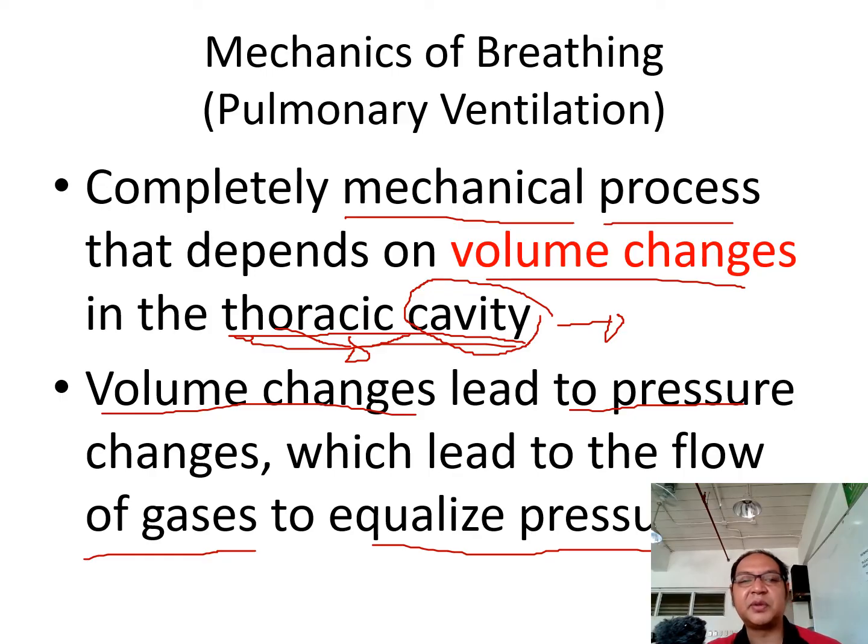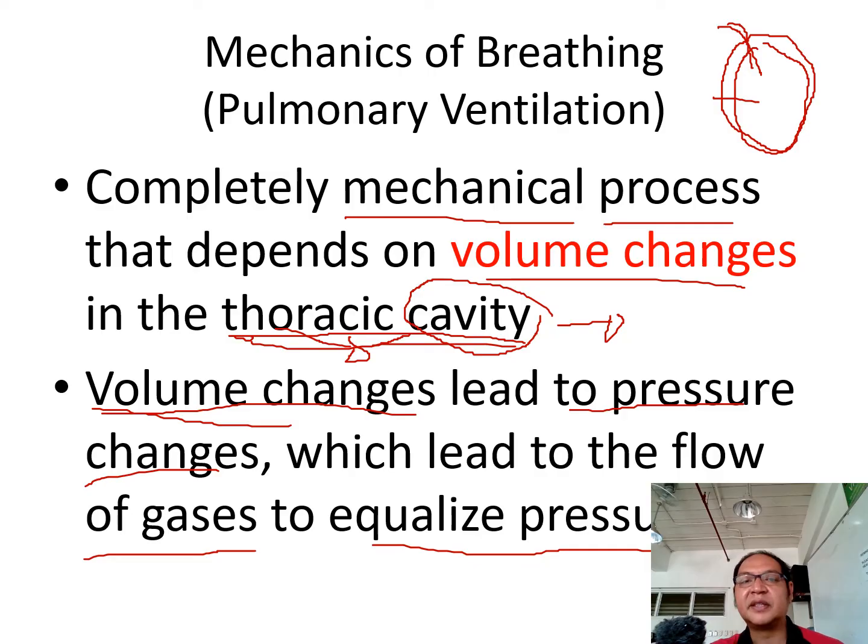This is something confusing, no? It says here, volume changes lead to pressure changes. Okay, so the volume of air is determined by the shape and size of the container. So this is the container. When the air goes in, it's the volume of the air.